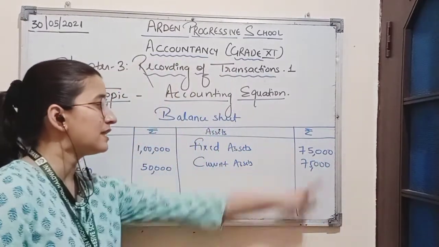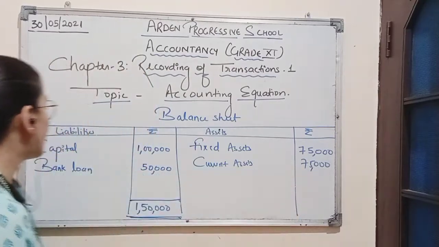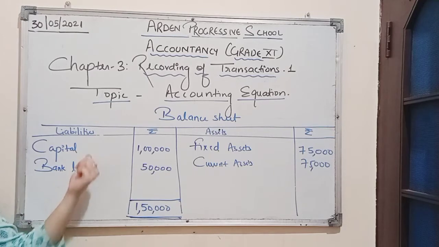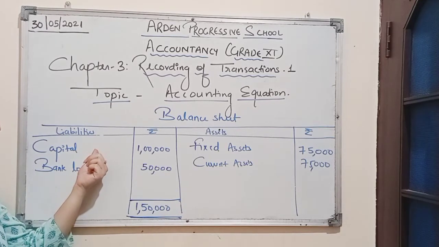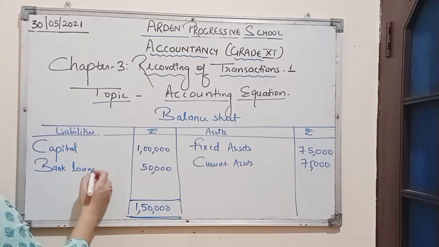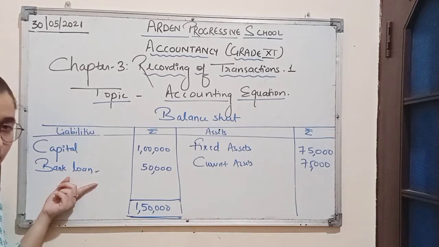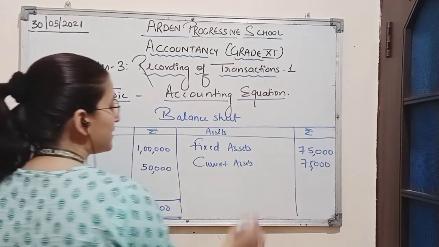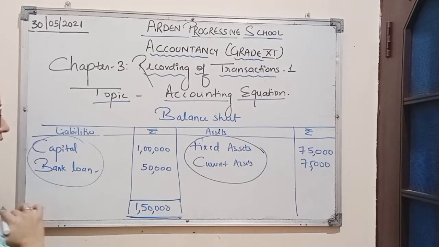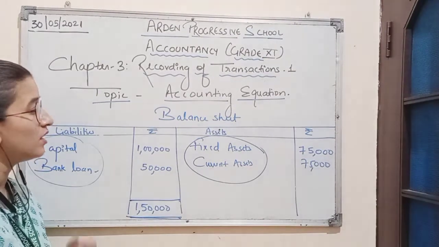So these assets will be purchased with the amount invested by the owner, whom we also call the internal user, and also with the amount borrowed from outsiders. That means these assets are purchased with the total amount invested and borrowed by internal and external users.